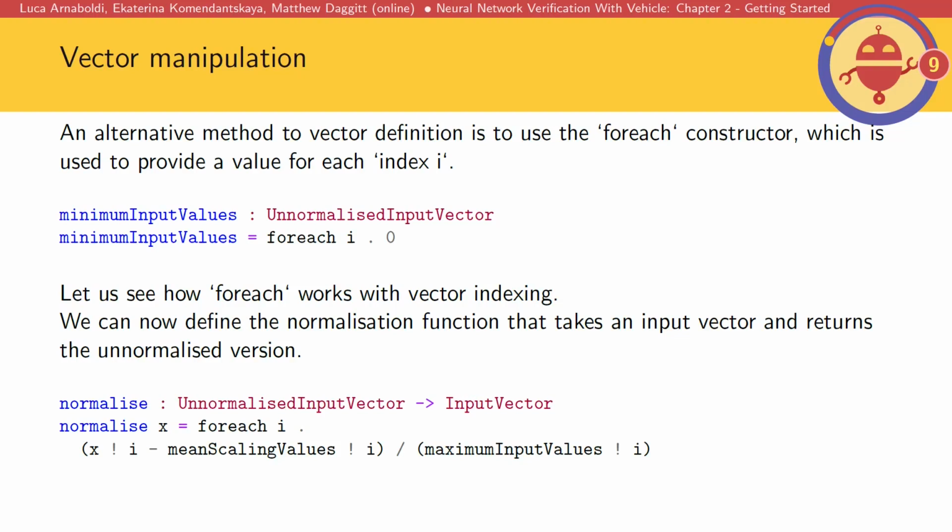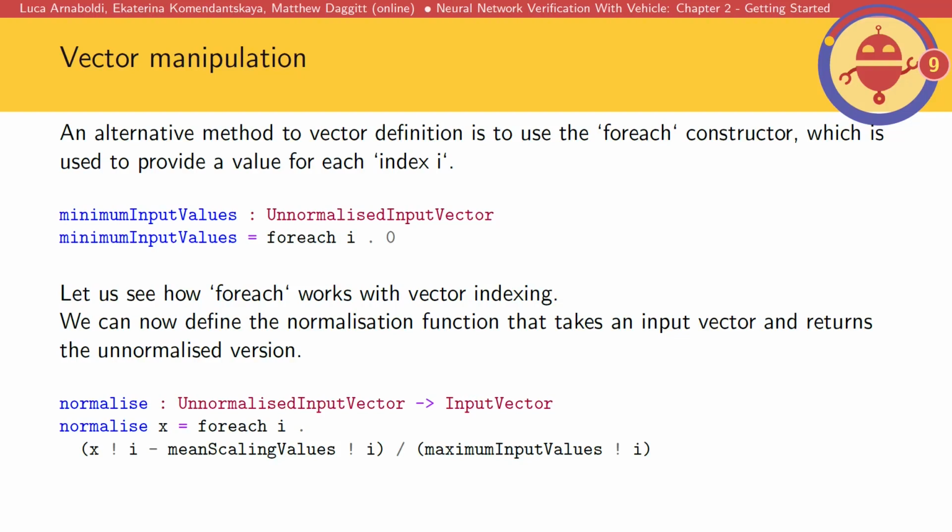Right, but let's have a look how this for each construct works in the normalization function. So we say normalize. Of course, we need to annotate with a type. You will get a normalized input vector, and you need to give me an input vector in return. So, okay, I'm receiving this vector. Vehicle will know that it's a vector of size 5, just by this type.